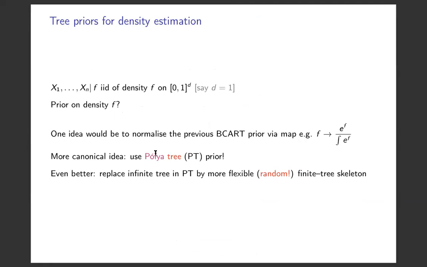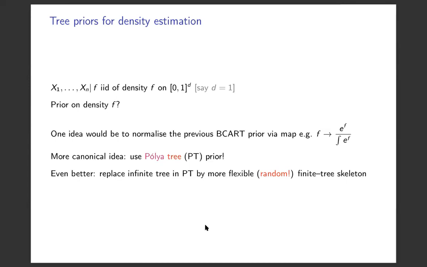But a more canonical idea is to start at least from a Polya tree prior, because we know that the Polya tree is kind of canonical in density estimation. It has many nice properties, conjugacy in particular.